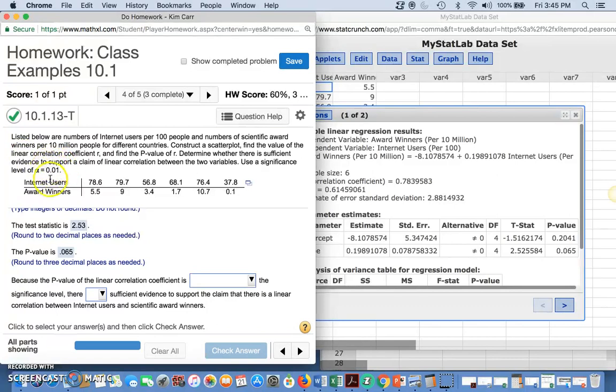Our significance level is 0.01. 0.065 is greater than the significance level. If it's greater than the significance level, it is not sufficient evidence to support the claim that there is linear correlation. Of course, when you looked at that graph, it didn't look like those points were in a line anyway, did it?